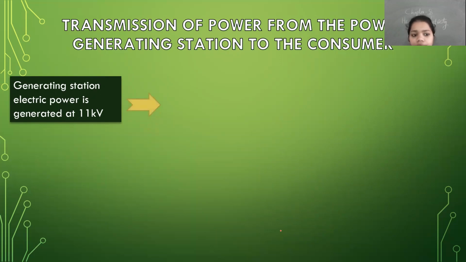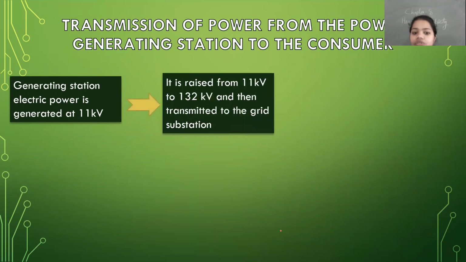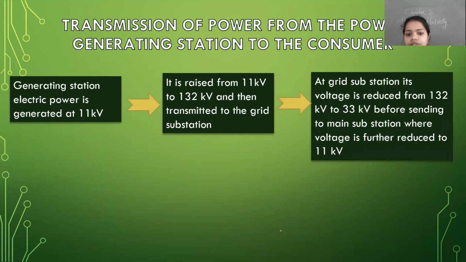After generating the power, it is then raised from 11 kilovolt to 132 kilovolt, and then it is transmitted to the grid substation. At the grid substation, its voltage is further reduced from 132 kilovolt to 33 kilovolt before sending to the main substation.